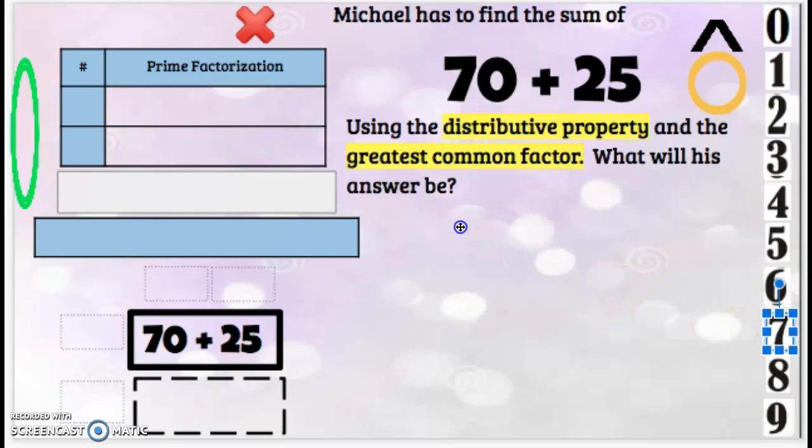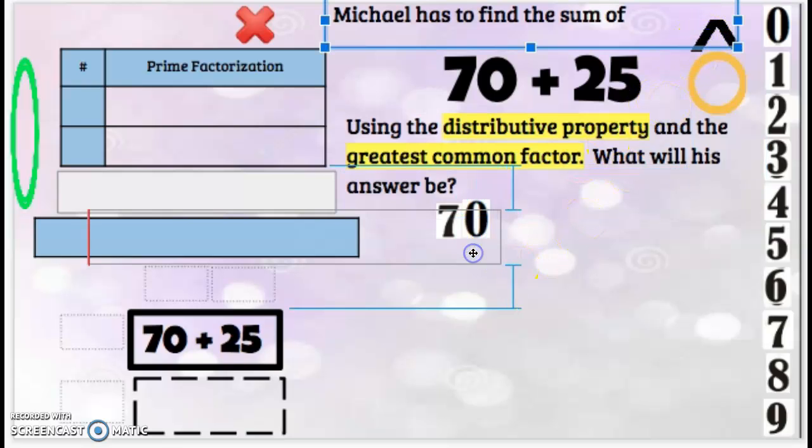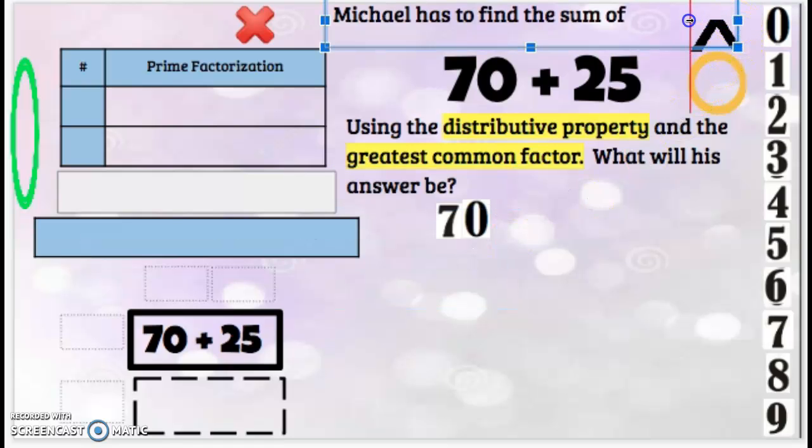So I have to break up 70. Break it up. Make that there so I can grab this. 70.